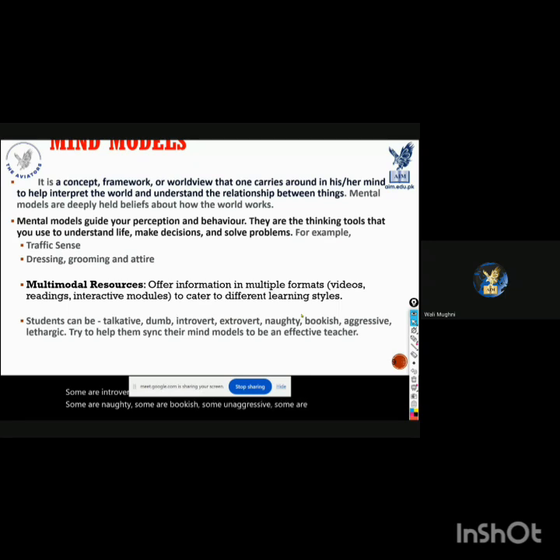So you have a blend of all kinds of mind models in your classes. It is extremely difficult to sync their mind models. But you should realize the different mind models, and then maybe you can explain or deliver your content in 2 or 3 fashions, 2 or 3 styles, to make sure that everyone has been included in your conversation.